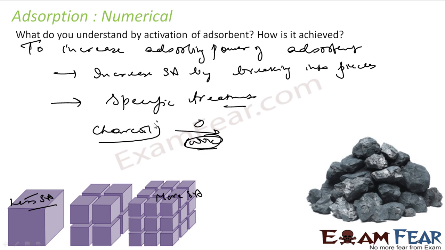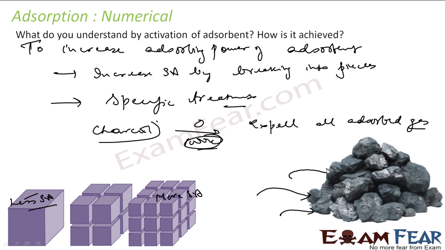The moment you heat this charcoal at a high temperature, all the adsorbed gases are expelled. That means more room for new adsorbate. The moment you heat it up, all the adsorbate is gone, expelled. That means you create more room for the adsorbate.